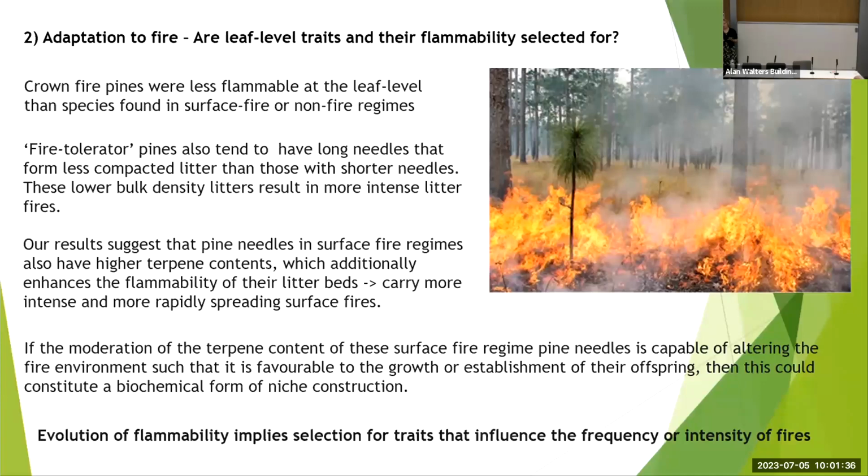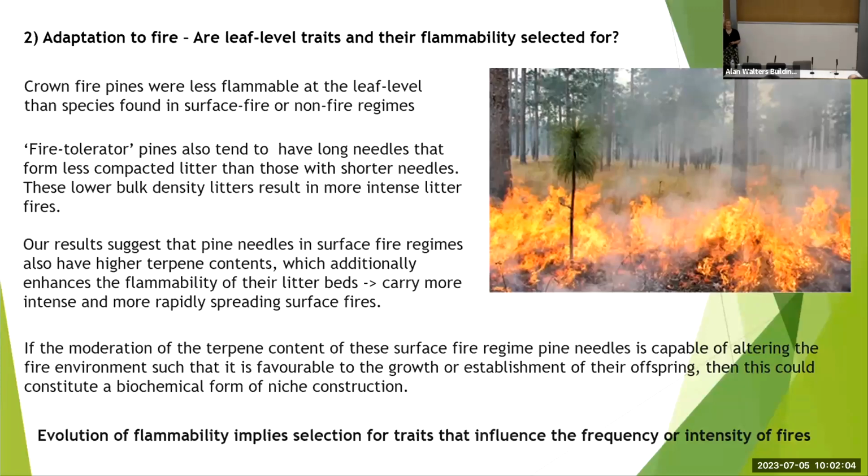So our results suggest that these types of pines that have surface fire regimes typically have higher terpene contents, which additionally enhances their flammability, again enhancing intense and rapidly spreading fires in leaf litter. So we can assume that where there is moderation of terpene content in these surface fire regime pine needles, this may be capable of altering the fire environment, as we can see.